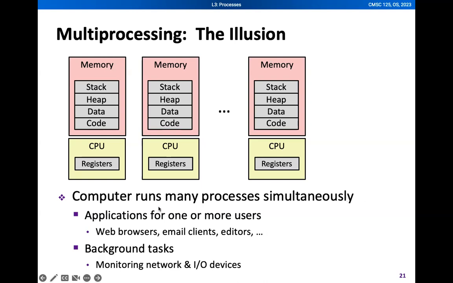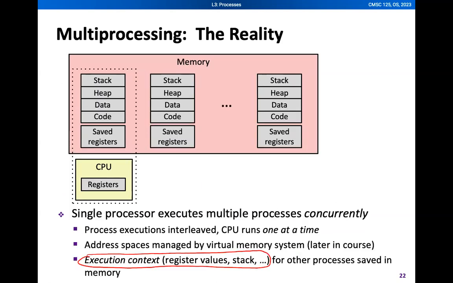There might be applications for one or more users, as well as background tasks for monitoring network and I/O devices. It appears to the user that each process has its own memory, when in fact, the reality is that these processes are sharing the memory.